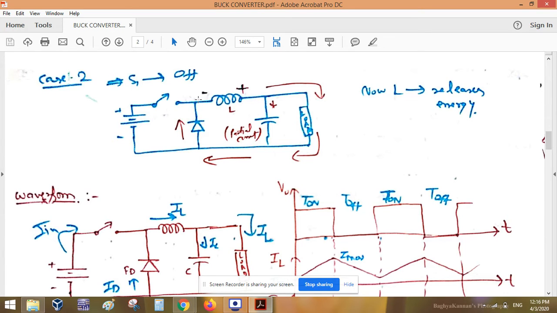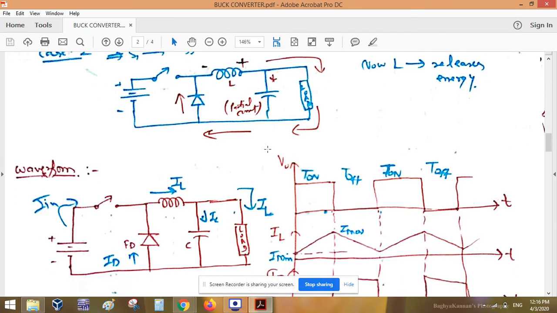First it stores the energy, now it releases it as the polarity shifts. This side will be positive and this side negative, and the diode will be forward biased. Again, very little current flows through the capacitor and the maximum current goes through the load. This is how it works when your switch is off.